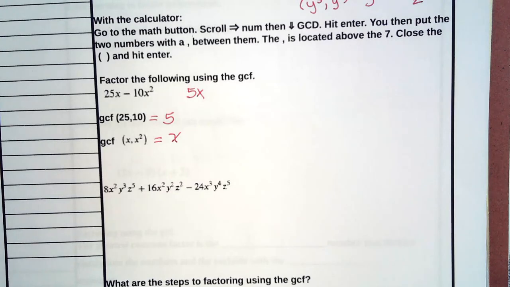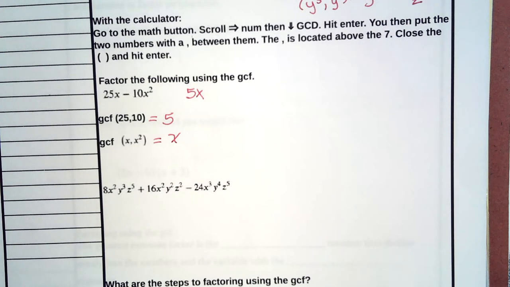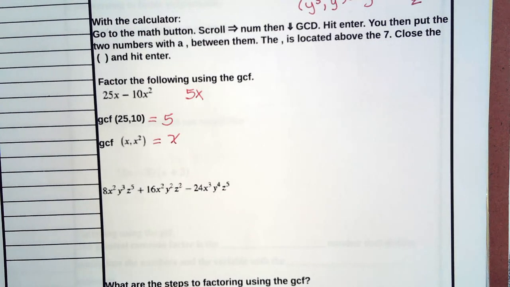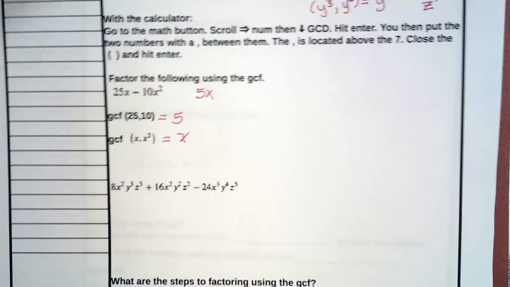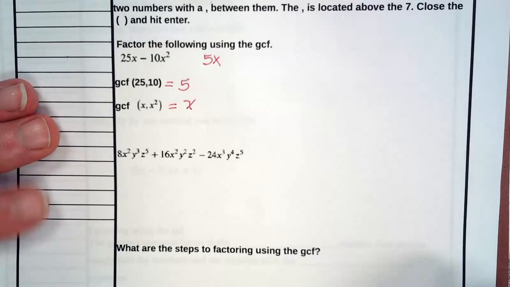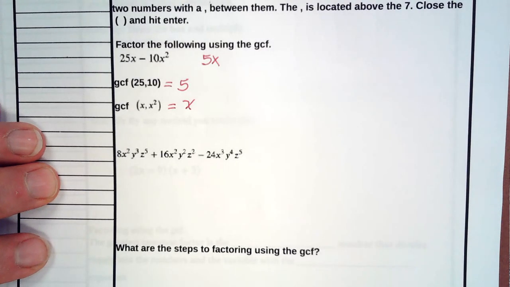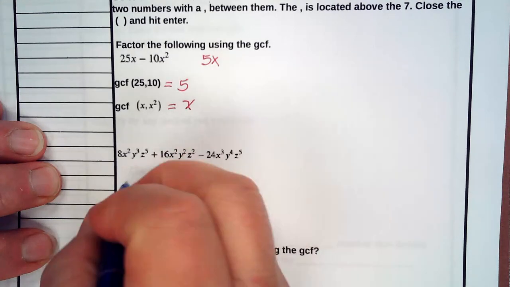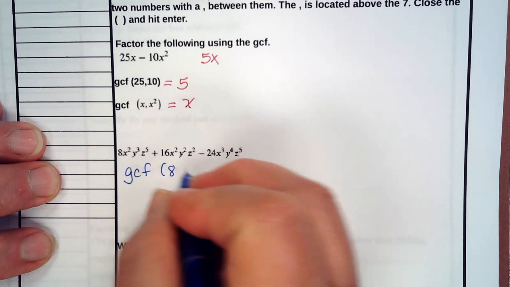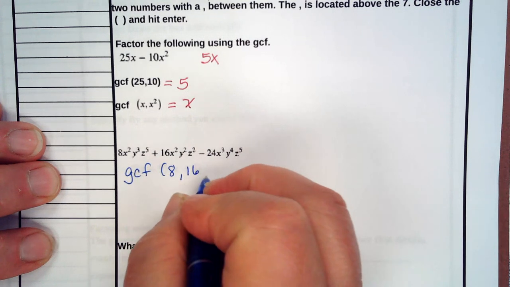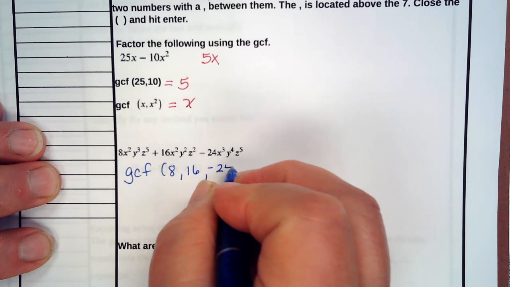Okay, now what happens if you've got 3 numbers? Can you put it in the calculator? No. But you are going to start with the smallest number and see if it will divide evenly into all of them. So this time I'm looking for the GCF of 8, 16, and negative 24.